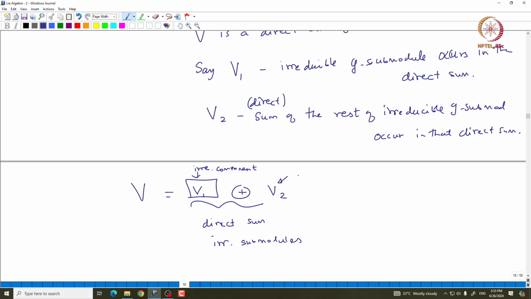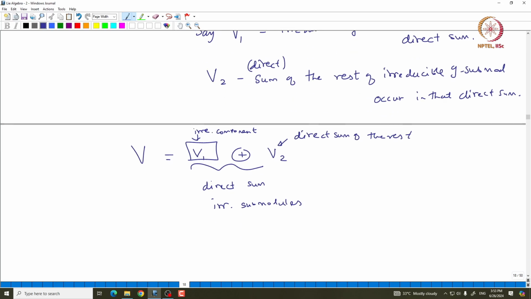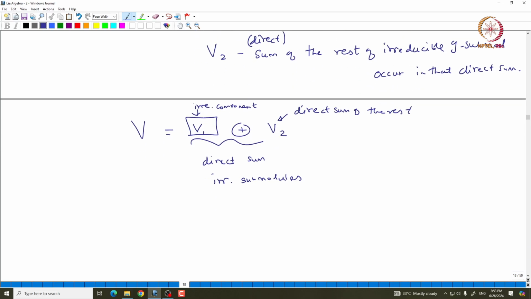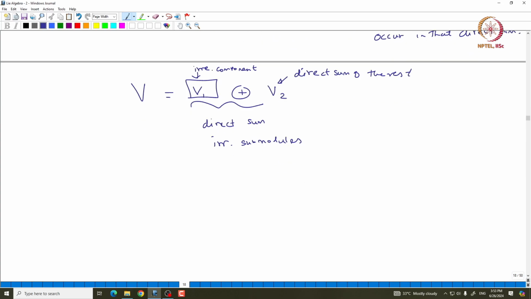So, this is the direct sum of the rest. Okay. Since a direct sum of G submodules is a G submodule, V2 will become a G submodule, and V1 is also a G submodule. So, now let us start with some W, which is proper inside capital V, and we can assume it is non-zero, otherwise there is nothing to prove.